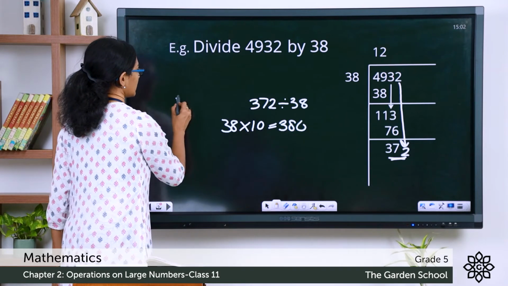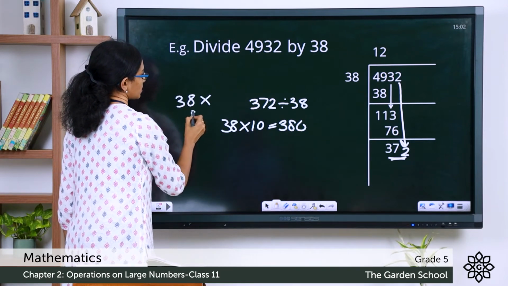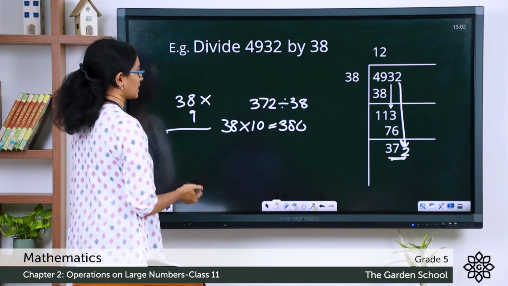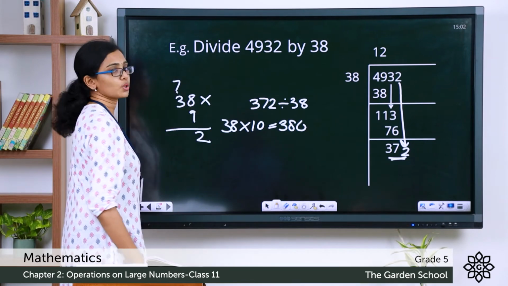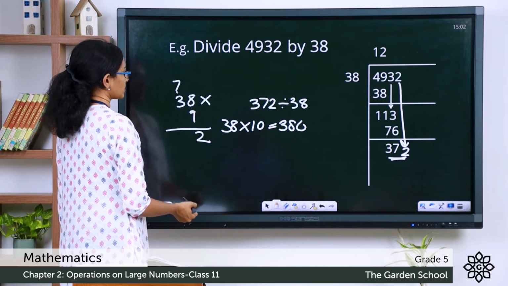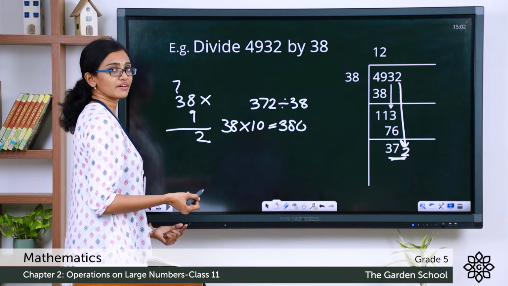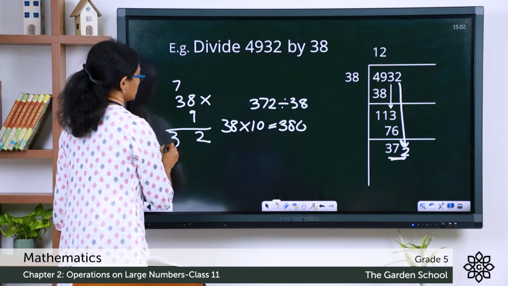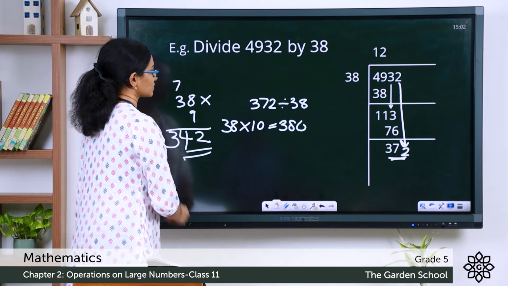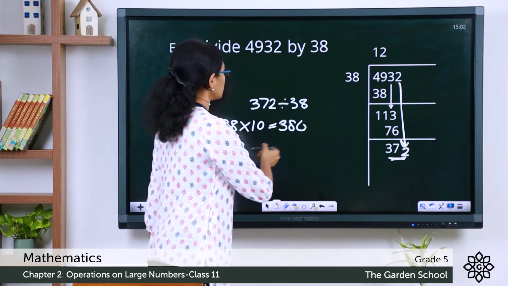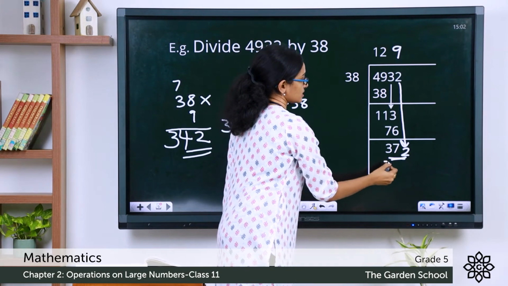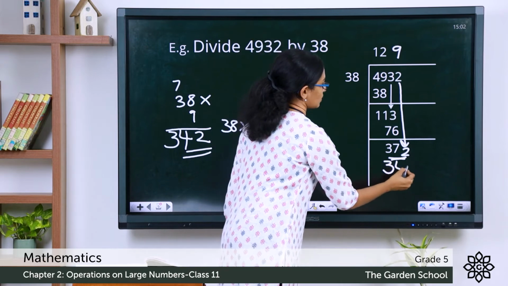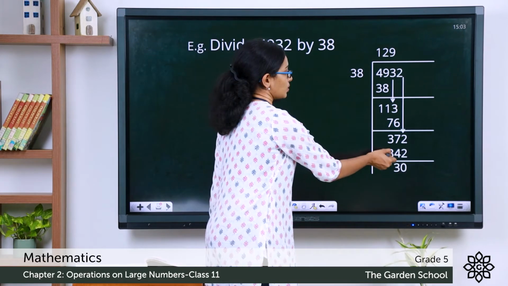Let's see if 9 38s will go in 372. 9 into 8 is 72. I carry over 7. 9 into 3 is 27. 27 plus 7 is 34. So, we have 342. So, let's take that 9. Now, 9 into 38 is 342. What is the next step?